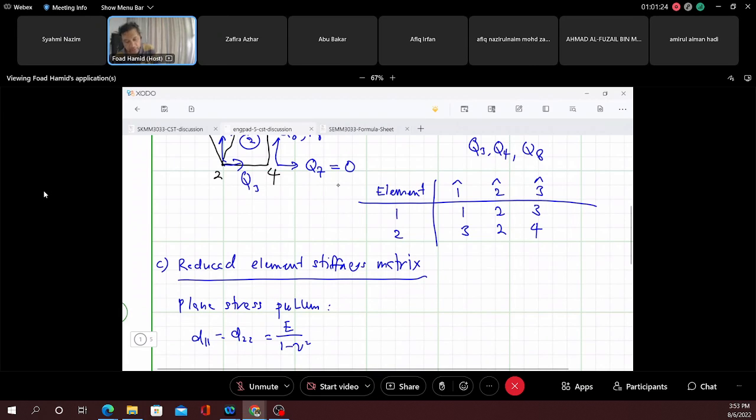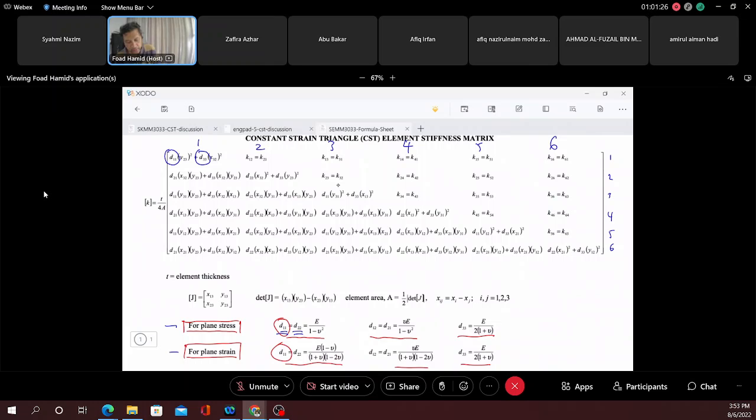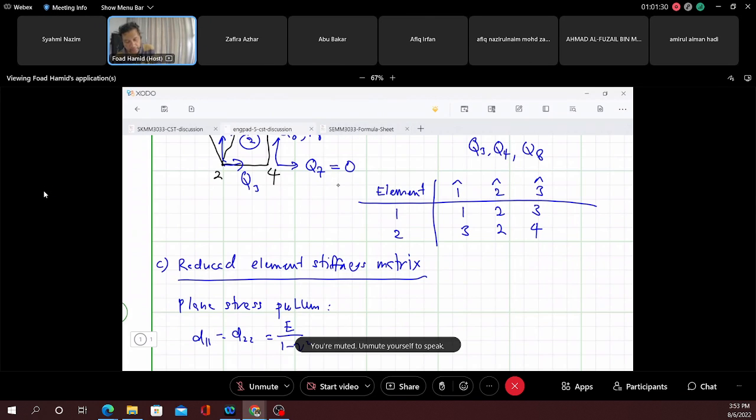That one is from the formula sheet. So I just basically use the formula, and we know that our E is 10 gigapascal, our mu is 0.3, and our T, thickness of the plate, is 20 millimeter.